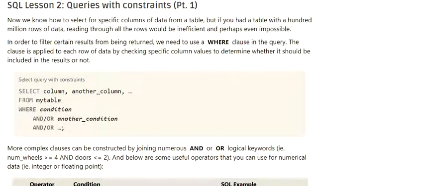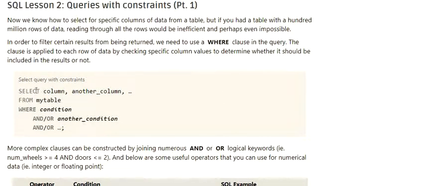The clause is applied to each row of data by checking a specific column value against the condition, and it decides whether that row should be returned in the results or not.